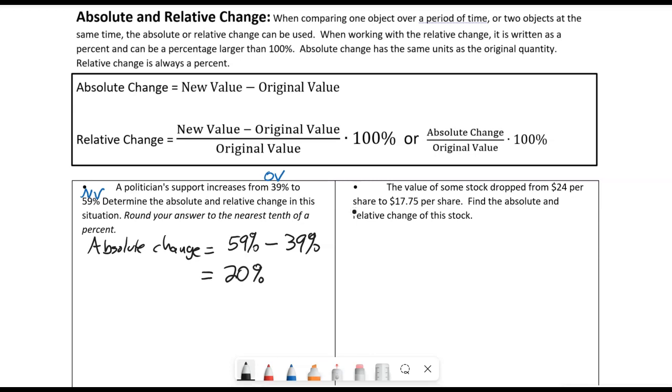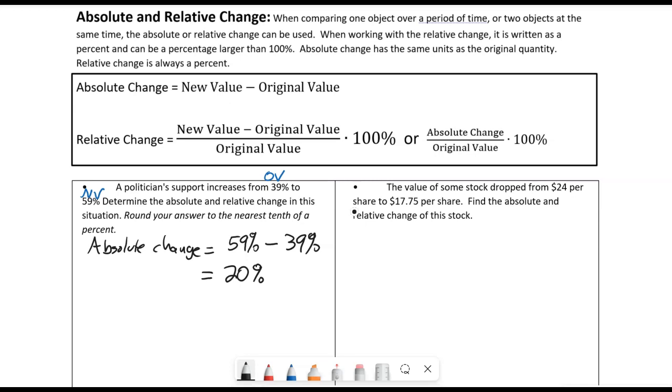Now, we have an issue here. The values that we are subtracting are percentages, but this is not a relative change. This is the absolute change. So we need to talk about the units when you're dealing with percentages.